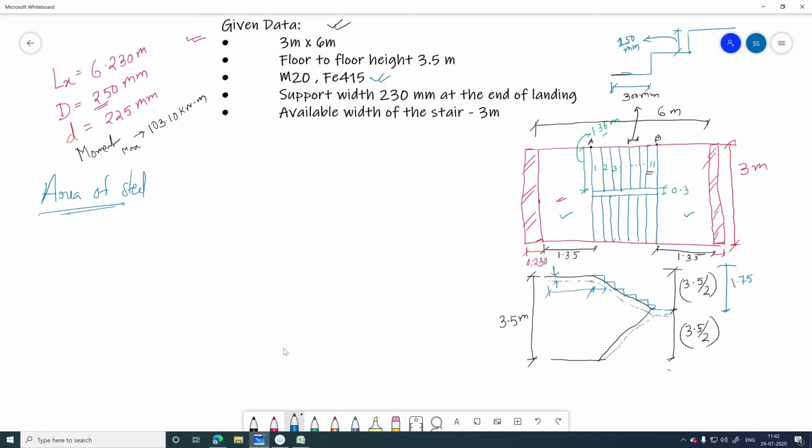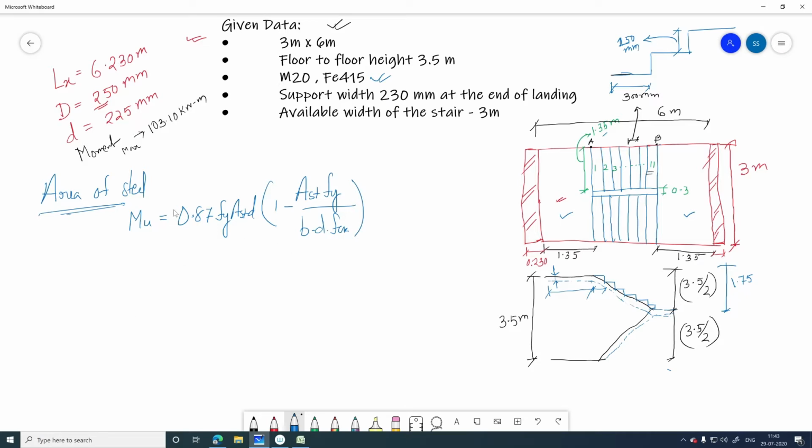So let's put the value, that means Mu equals 0.87 fy Ast d into 1 minus Ast fy by b d into fck.